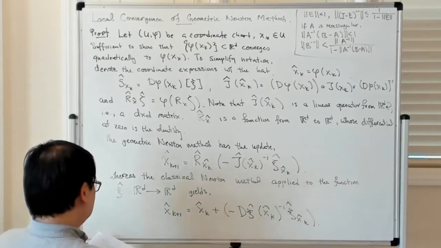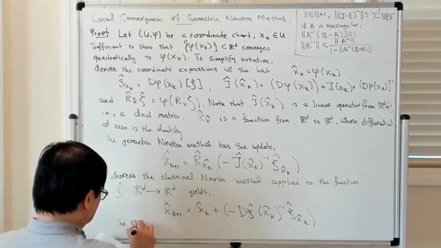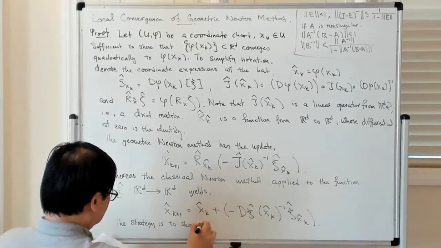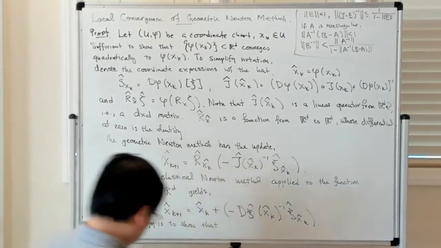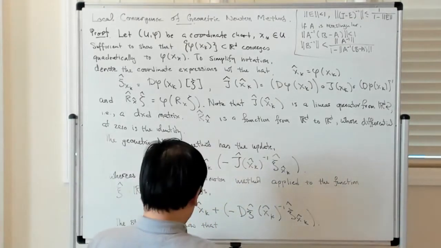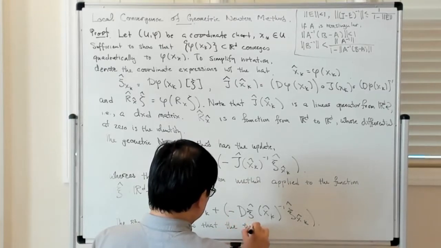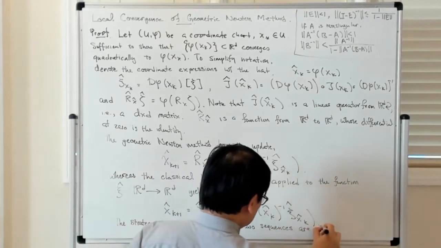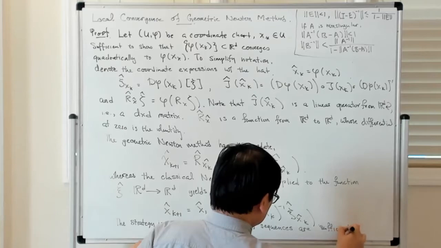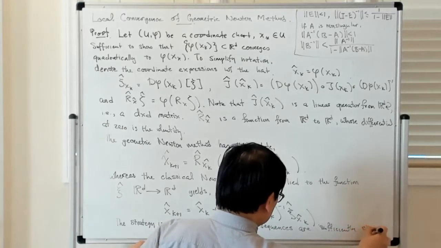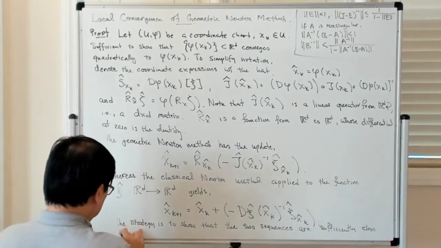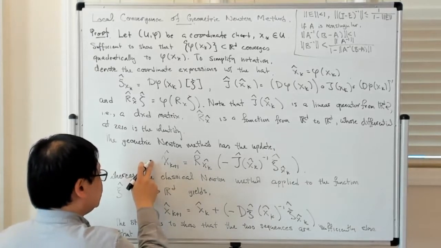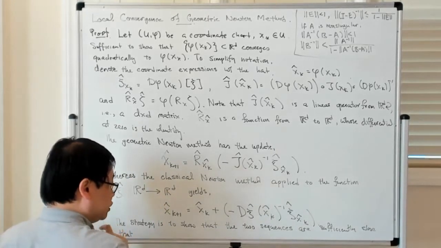So the strategy is to show that the two sequences are sufficiently close that the quadratic convergence of the classical Newton method implies the quadratic convergence of the geometric Newton method.